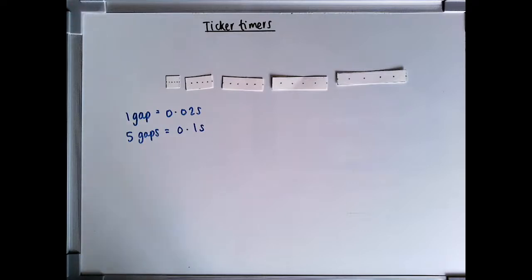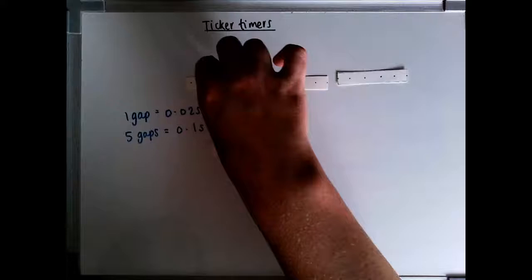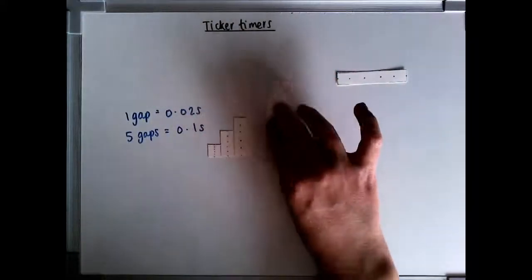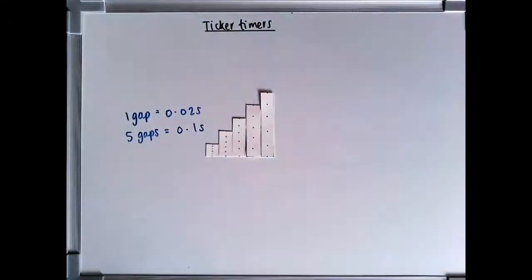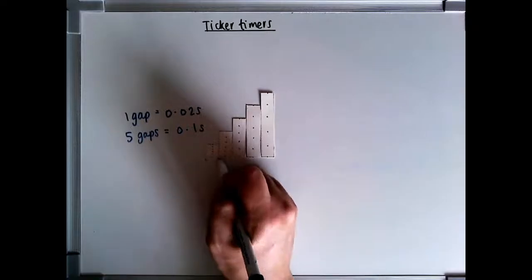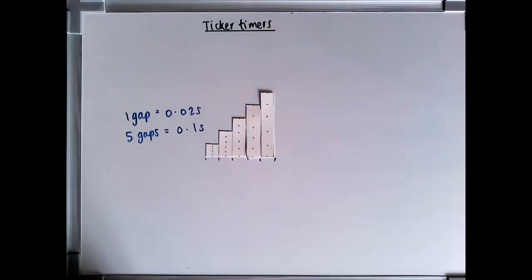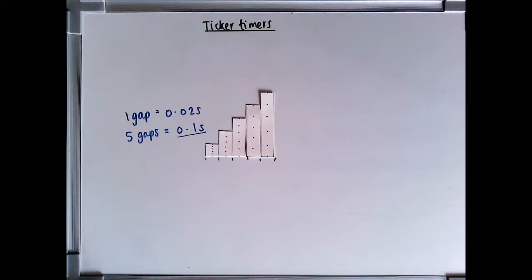Okay, what I can do now is something quite clever, and I can use this paper to plot a graph. So I know that if I turn it round this way, I get something that looks a little bit like a bar graph. Now the paper is always the same thickness because it gets passed through the ticker tape. And I also know that each piece of paper was 0.1 seconds.